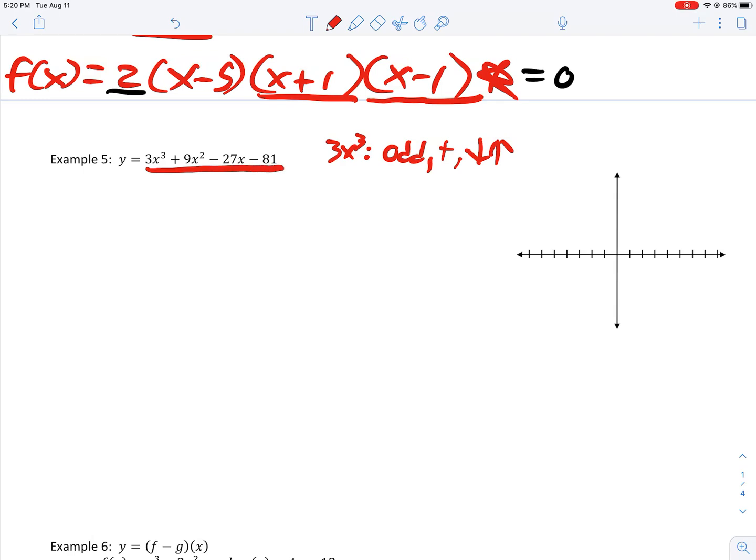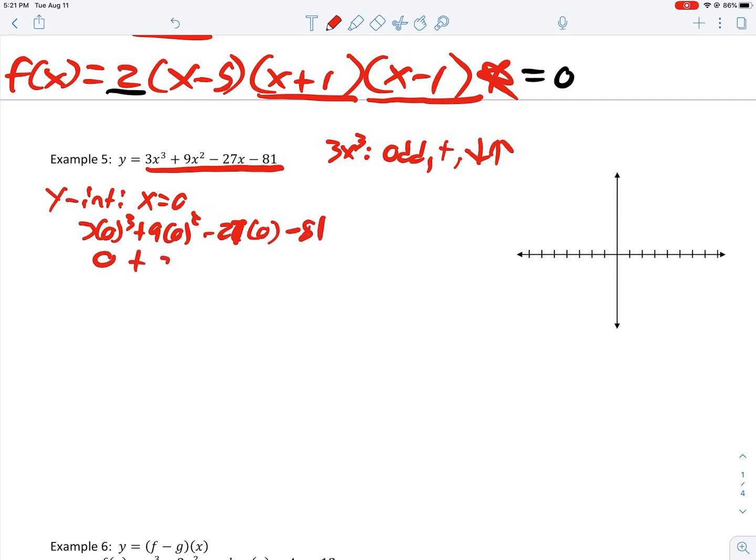Let's find the y-intercept. So x is going to equal 0. To find the y-intercept, x equals 0. So you're going to have 3 times 0 cubed plus 9 times 0 squared minus 27 times 0 minus 81.